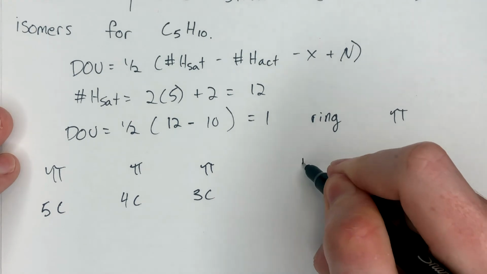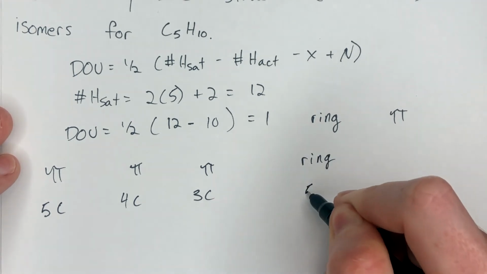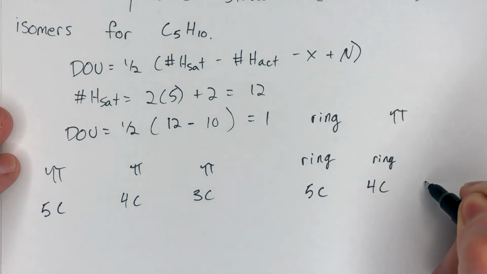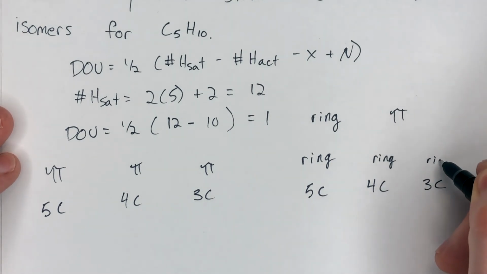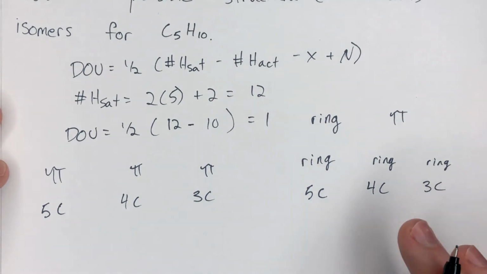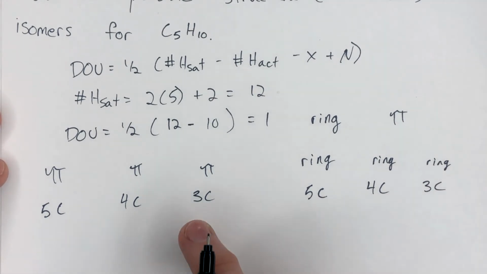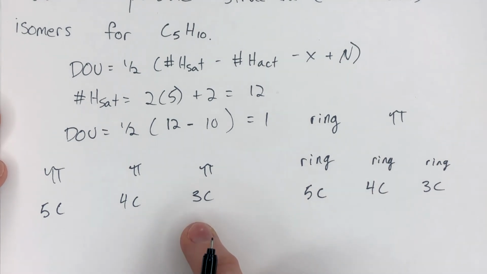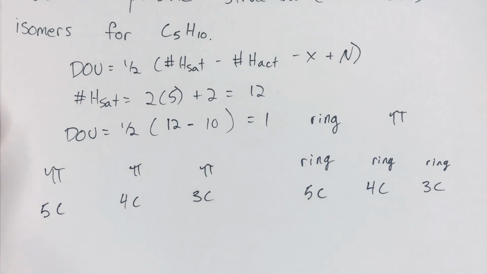We also can have the ring. We can have 5 carbon ring, 4 carbon ring, or a 3 carbon ring. And then again, in the 3 carbons, there must be 2 methyl groups or an ethyl group. 4 carbon, there must be a methyl group substituent. There must be an ethyl group or 2 methyl groups, and then a methyl group.